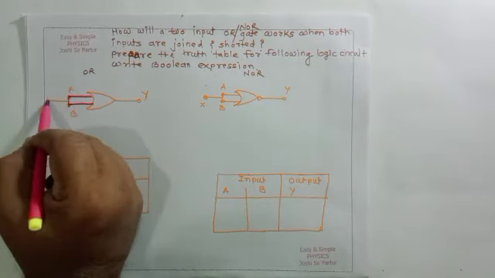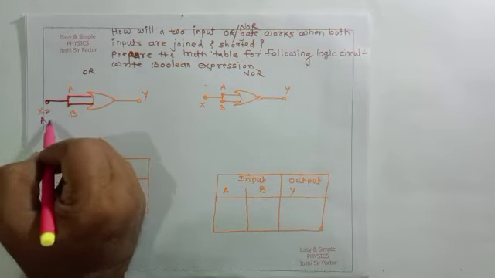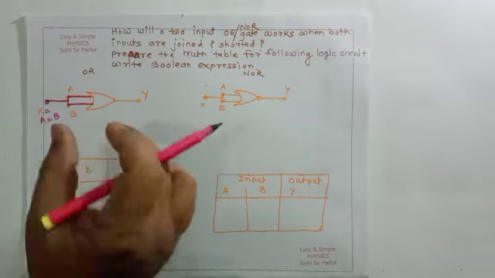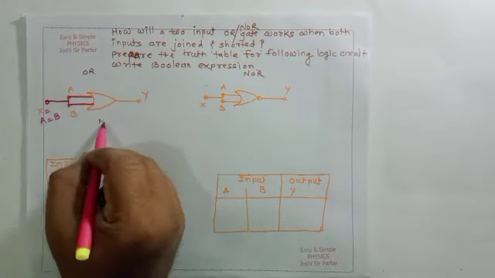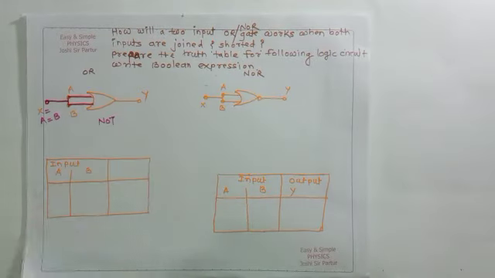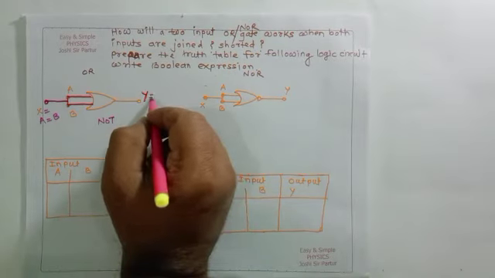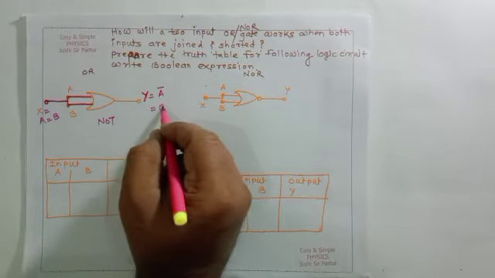So only one input is there. It has value A or value B. Only one input is there, so this OR gate becomes a NOT gate. This is the circuit for NOT. So output Y represents complement of A or complement of B.